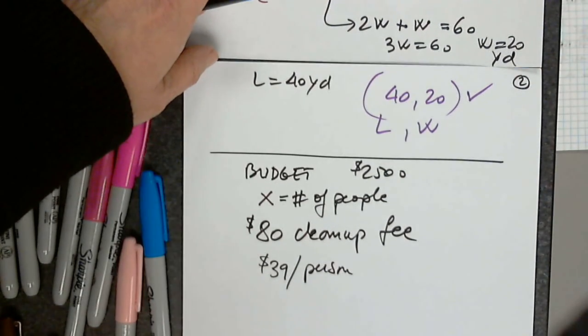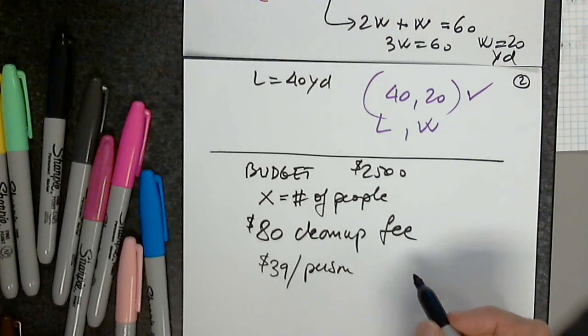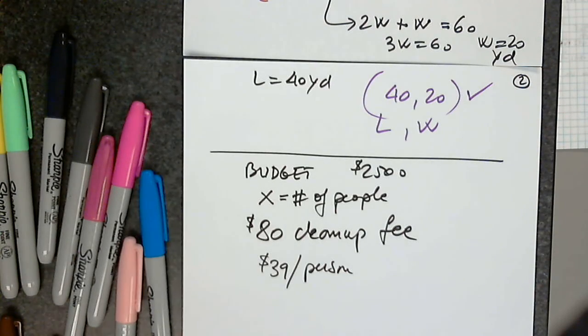So the question is, how many people can we invite? We are limited. Our budget is only $2,500. And we know that we have to pay the $80 for the cleanup fee. And they charge us $39 per person. What is the maximum number of people that we can invite to this reception?